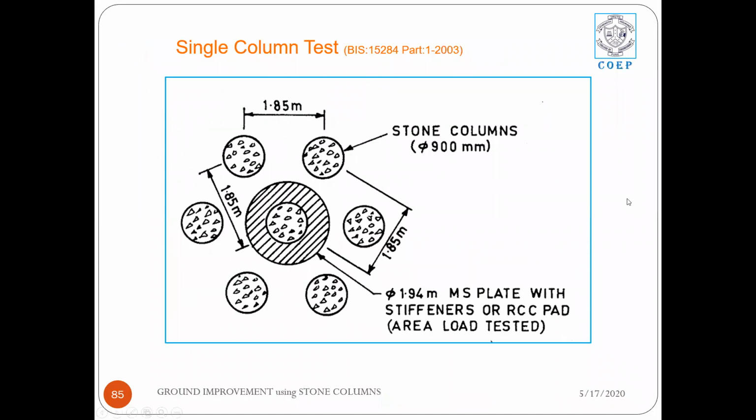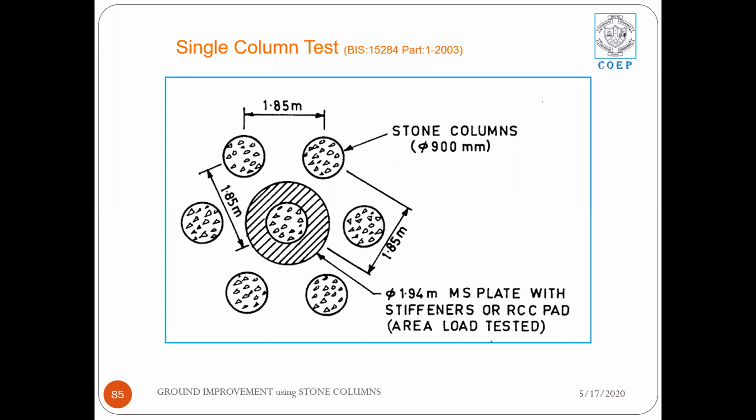So once the stone columns at a site are completed, we are required to test whether the stone columns that have been installed or constructed have attained the designed value or the expected value. For that purpose, as we conduct plate load tests, similarly here a plate load test is carried out.